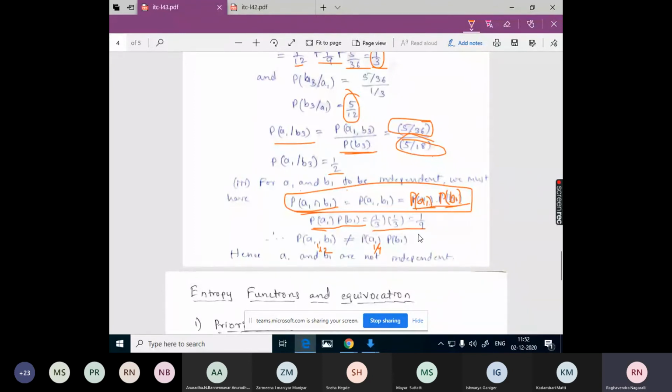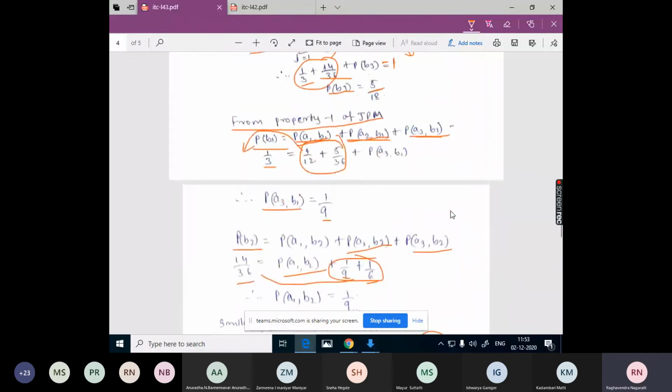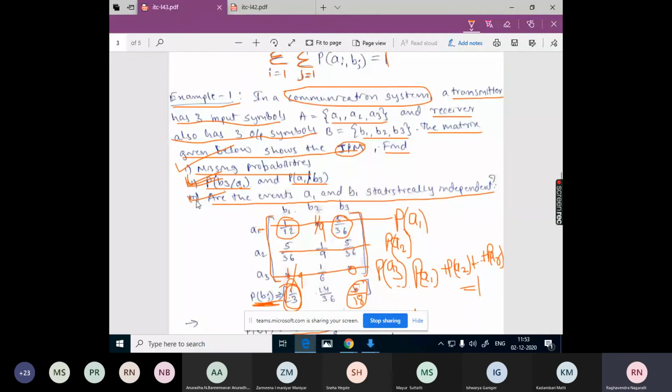A1 and B1 are dependent, they depend on each other. So there is some conditional probability existing for A1 sent and B1 received. Because of that, these two are not independent. So this is about the third subquestion, completing the solving of the first problem.